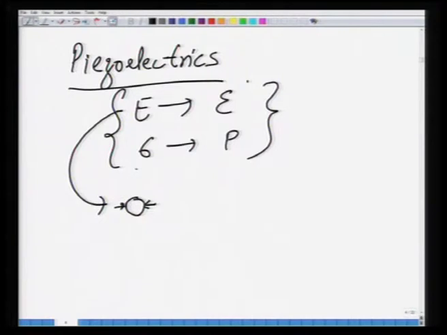Similarly, when you apply stress, then you can measure the charges that are created on the surface of this material, and this is nothing but your converse piezoelectric effect, and this can again be used for a variety of applications. So, these materials are used for sensors, strain sensors, for example.